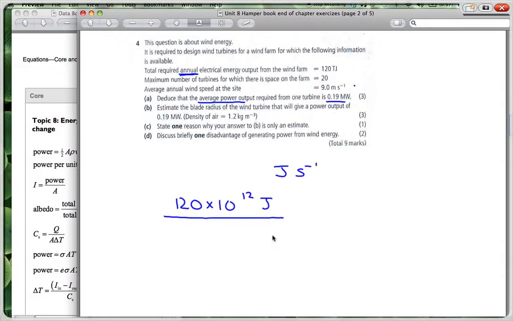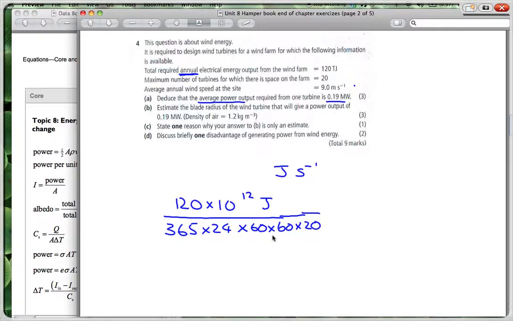We want to divide that by the number of seconds in a year, so we'll take 365 times 24 hours in a day times 60 minutes times 60 seconds. With that, we'll get the energy per second for the wind farm. But we also want to divide it by 20, because there are 20 turbines.